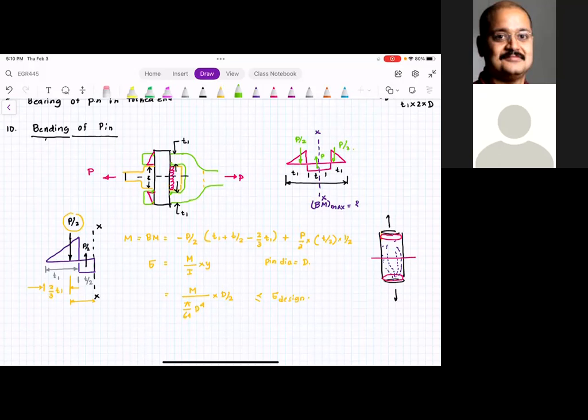So I have asked you to do the finite element not only on component level, but on the assembly level. We are not studying the stress analysis at assembly level. We can't do it. So for that, you have to use the computer software.